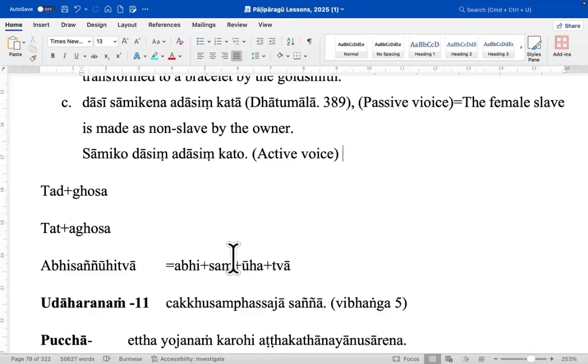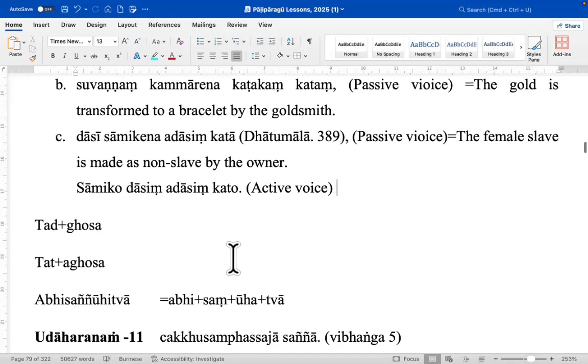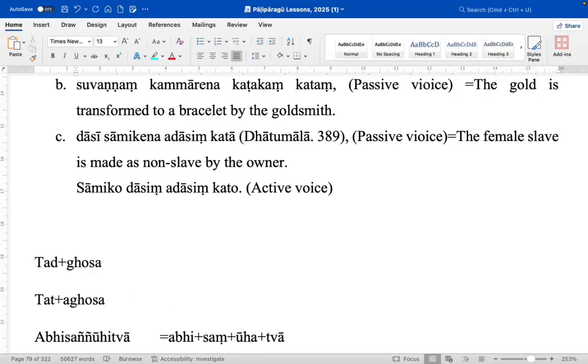For example, in the active sentence you have kattā, and in the passive sentence you change it to kattā, but then instead of kattā, now we change it to karaṇaṃ. Because of karaṇaṃ, the Vikatikamma will take the genitive case. Then will the Vikatikamma stay the same?